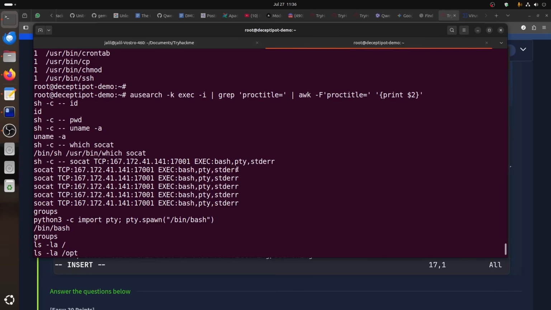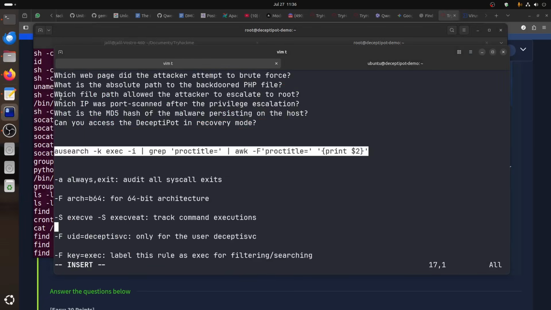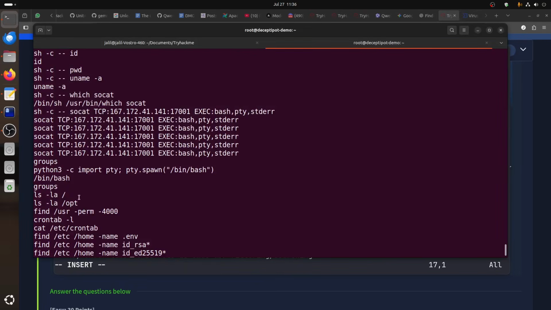So basically, remember we're looking for which file path allowed the attacker to escalate to root. You can see what the attacker is doing. He got a socket, he got a binary bash, so basically a reverse shell, then opt, find.